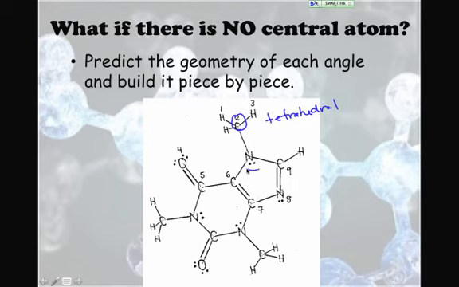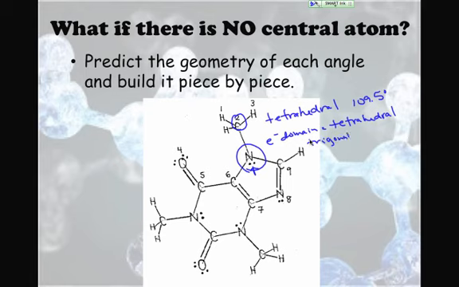But this nitrogen is going to not follow the 109.5 degrees of the tetrahedral because of the lone pairs here. Then we would say the electron domain is tetrahedral, but the molecular geometry is such that it is trigonal pyramidal, which is pretty typical for that nitrogen because of the lone pair there.